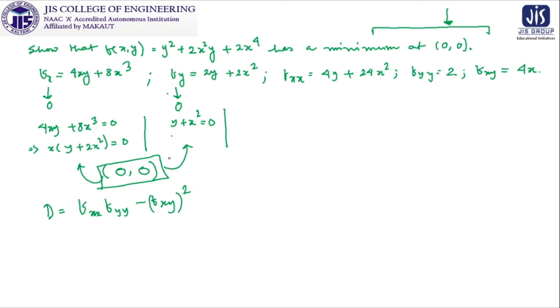Now look at this, what we are seeing, fxx at 0 0 is 0, fyy is 2 but 2 into 0 is 0, and fxy 4 into 0 is 0. So what we are getting? 0. Our traditional process tells us that we need further investigation or further study because this test is not giving us any conclusion. So we have proved that though it is having some critical point, but we can't conclude anything from this test of D.